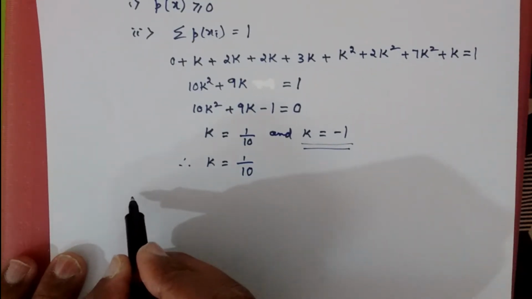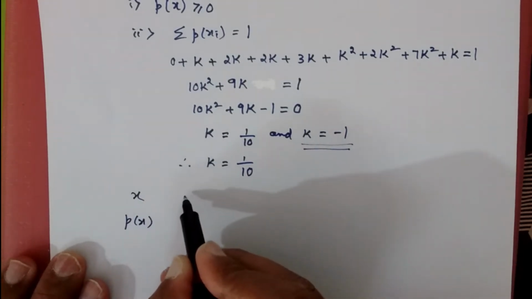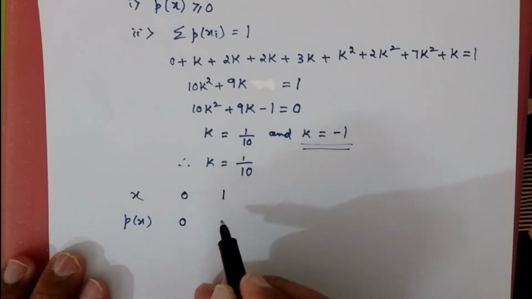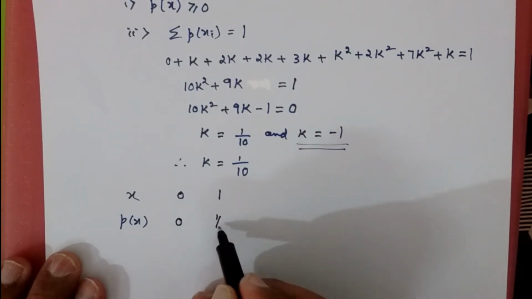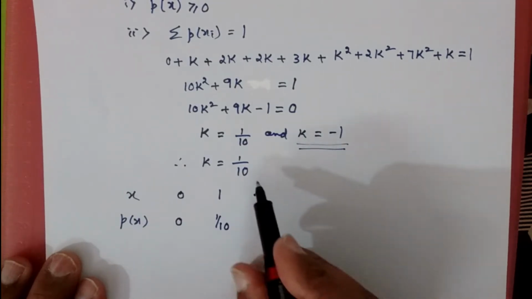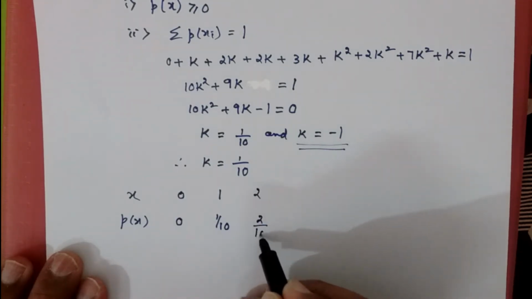the table now becomes x and p of x. You have 0, the corresponding value of p is 0. You have 1, the corresponding value is 1 by 10. Then you have 2, the value of k is 1 by 10, so 2k will become 2 by 10.